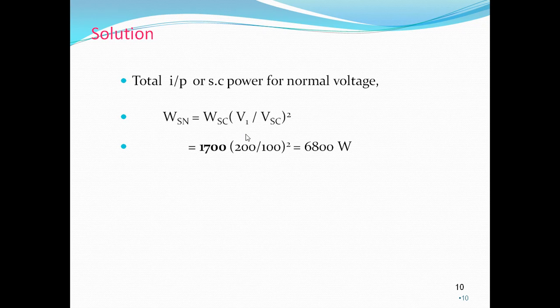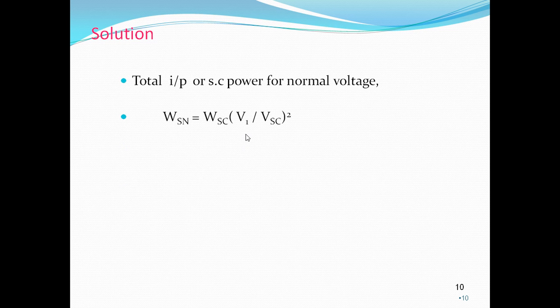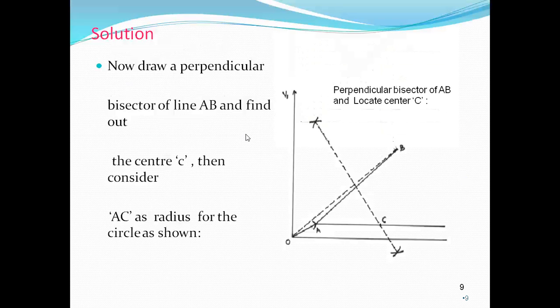So that is 1700 into (200 by 100) whole square. So that is 6800 watts. So this power is equal to the length of BG as shown in figure. After drawing this, I will show the figure once.